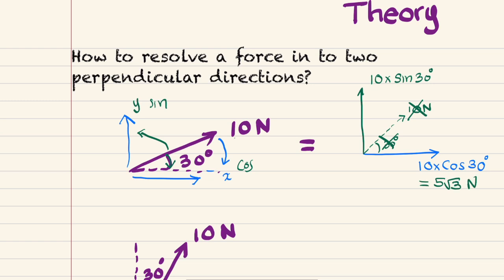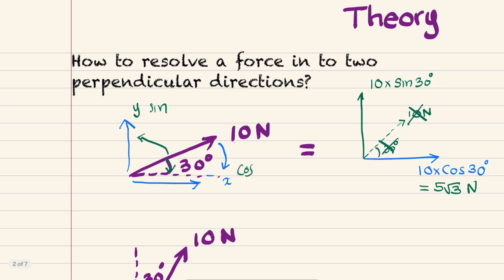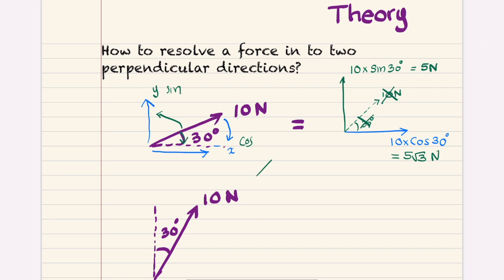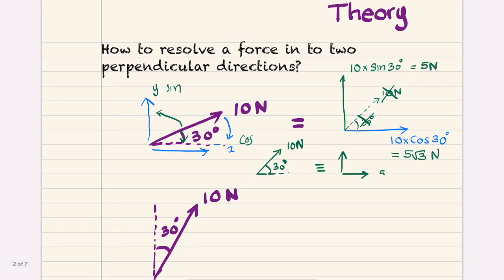And the other one, sine 30 is half, so the answer will be just 5 newtons. That means a force of 10 newtons at an angle of 30 degrees to the horizontal has the same effect as two perpendicular forces acting: 5 root 3 in the horizontal direction and 5 newtons in the vertical direction.